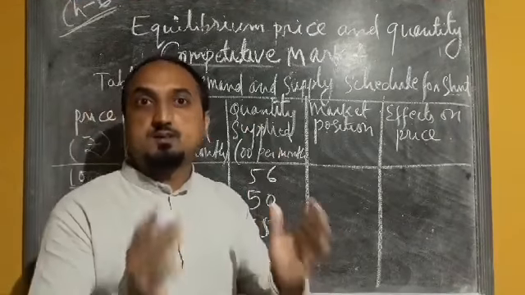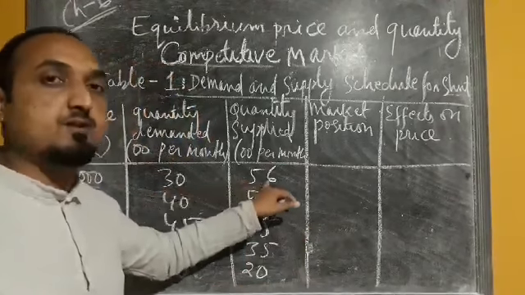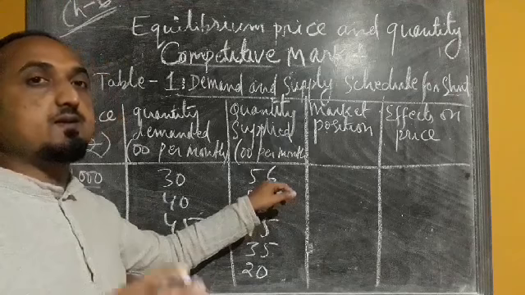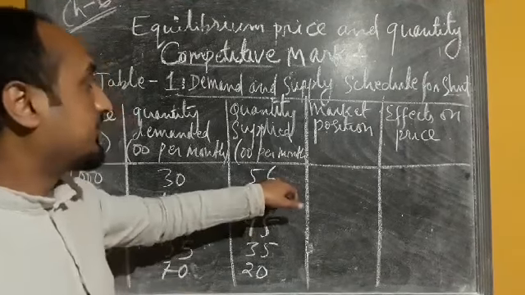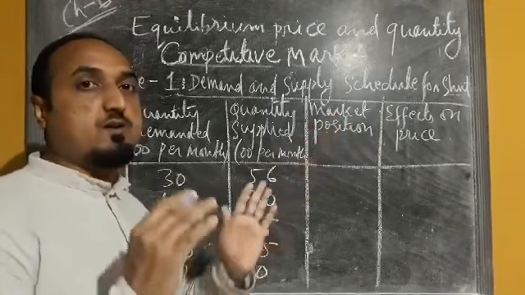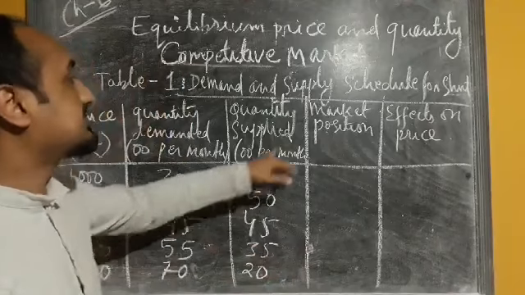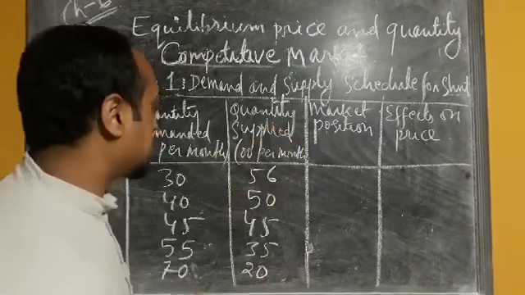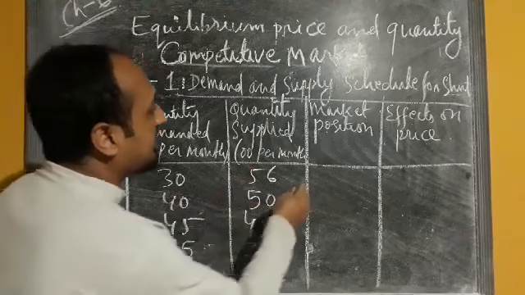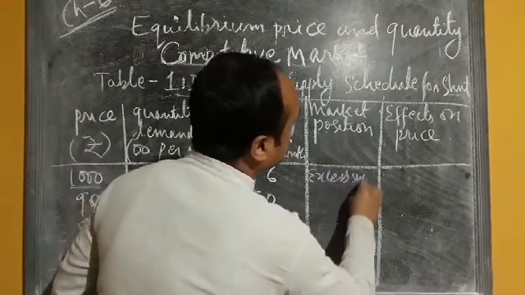If you compare demand and supply, which one is greater here? Quantity supplied is greater. So what will be the market position, excess demand or excess supply? The situation will be excess supply, because supply exceeds demand.